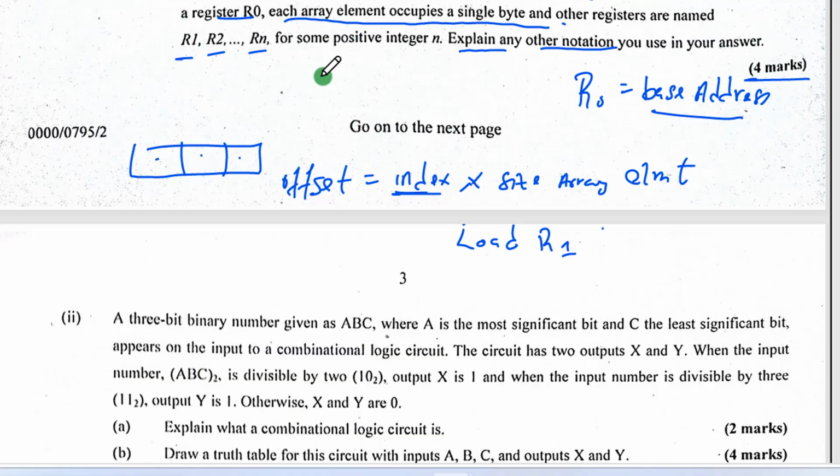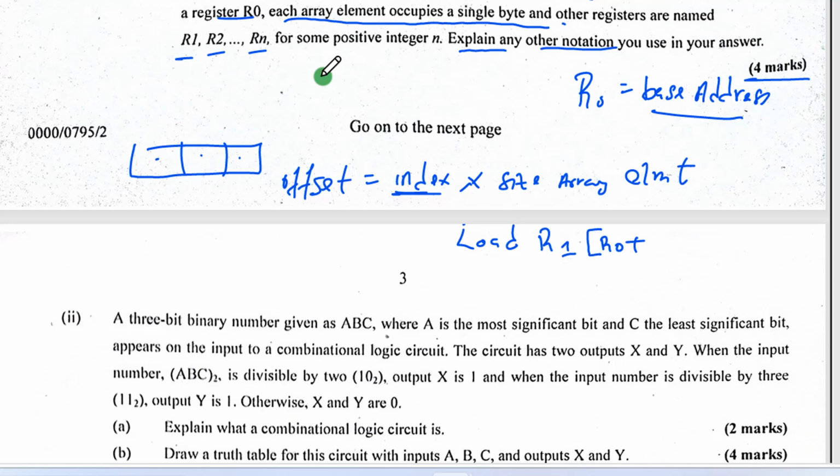But what I'm loading, I'm going to access that value. To access here, since we are using indexing addressing mode, I'm going to put my square bracket, and my base address is R0. R0 plus the offset. The offset is equal to index times size of array element, and array element is 1 byte. So it means that here you're just putting the index.